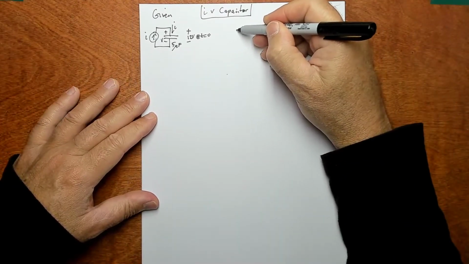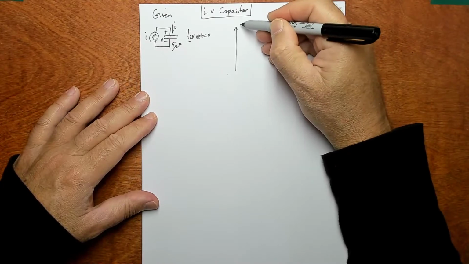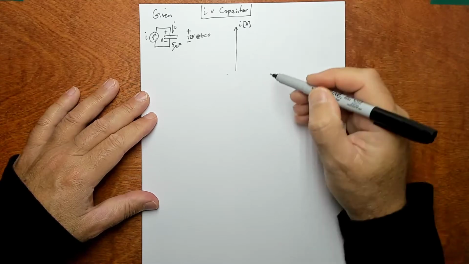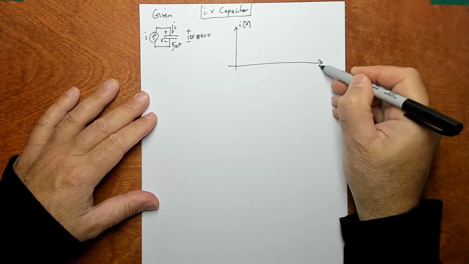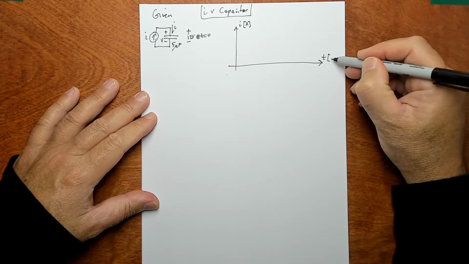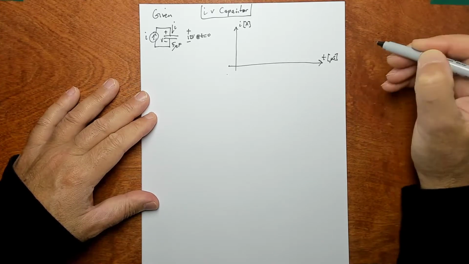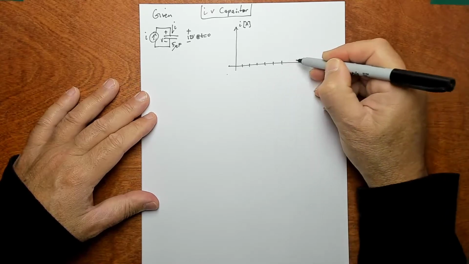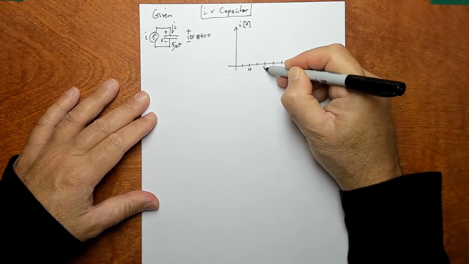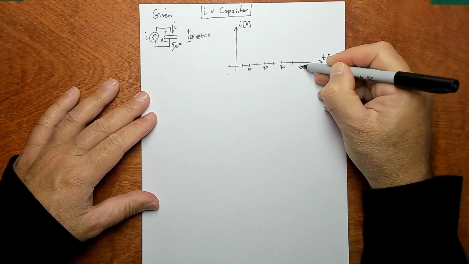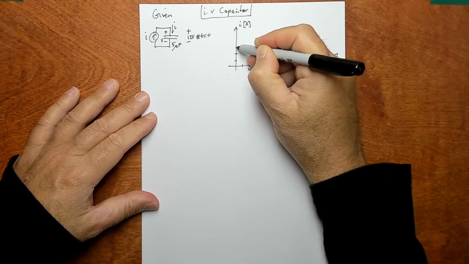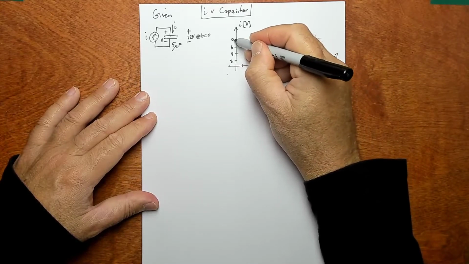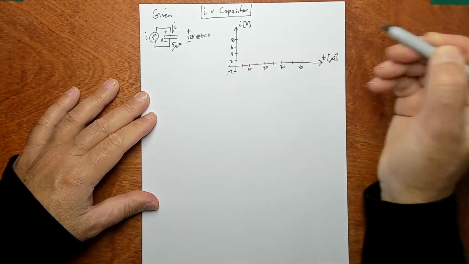You're given this waveform of current in amps as a function of time in microseconds. See, 5, 10, 15, 20, 25, 30, 35, 40, 10, 20, 30, 40, 2, 4, 6, 8, and minus 2.